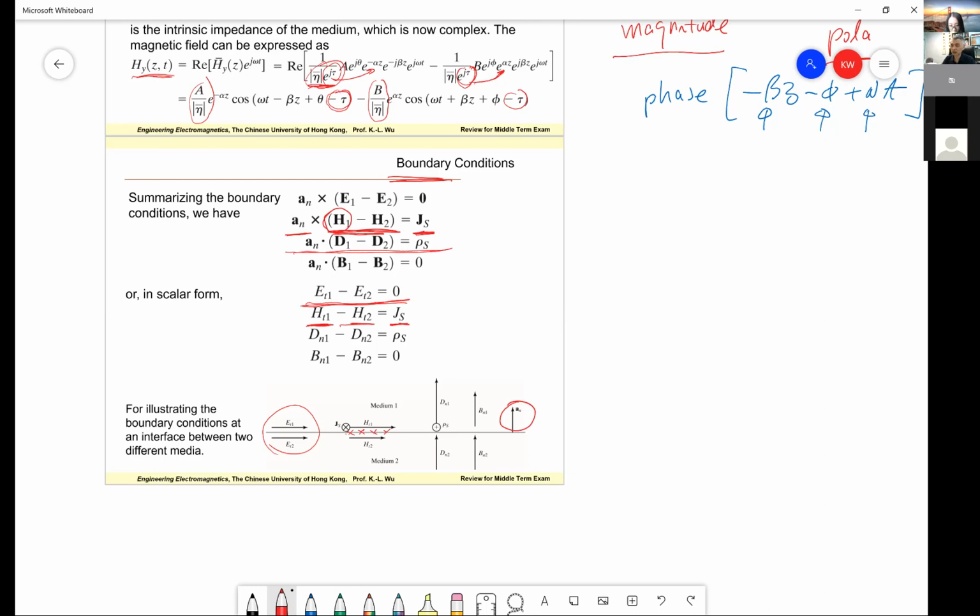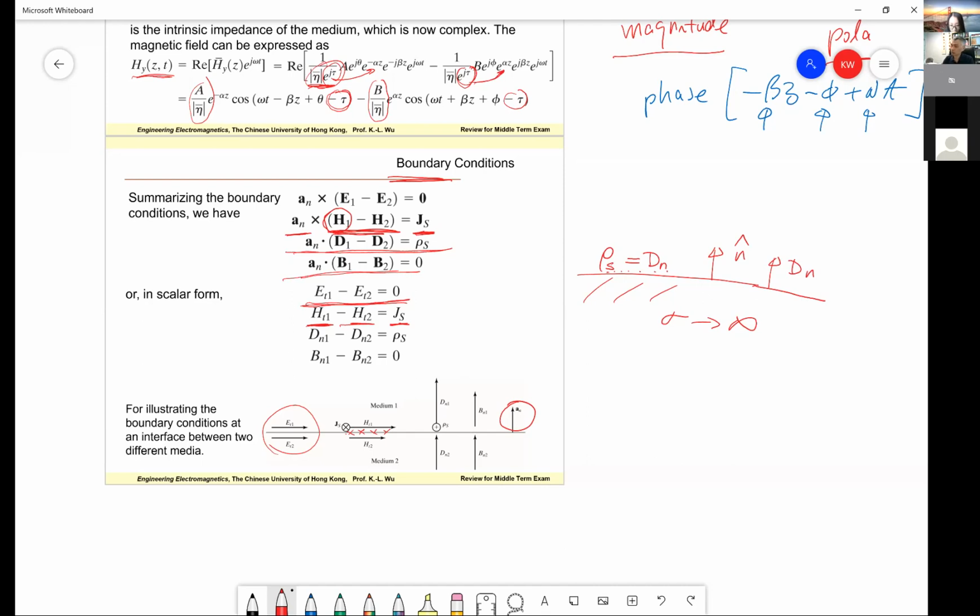A very special case is if one is a perfect conductor: then you have surface charge density on the conductor surface, equal to the normal component of the electric flux density. That is how we measure the charge density. For the magnetic field, the normal component of B should be continuous.